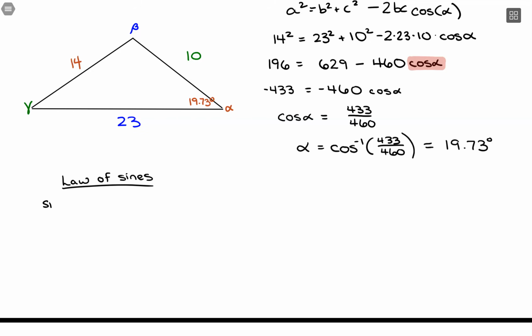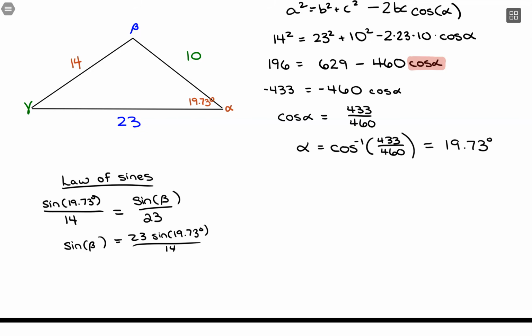I know that sine of 19.73 degrees compared to 14 is equal to sine of beta over 23. And then I would just be solving. So sine of beta is going to be equal to 23 times sine of 19.73 degrees over 14. And then to get beta, I would just need inverse sine of that number, 23 sine of 19.73 over 14.